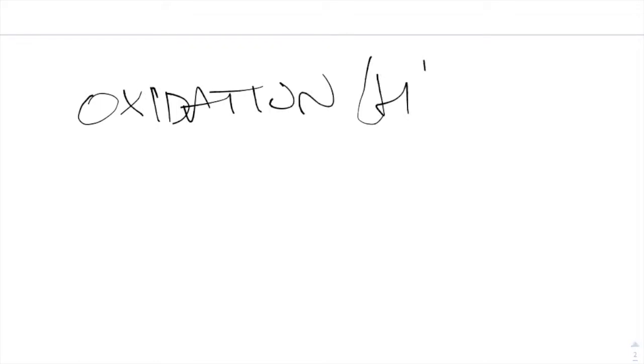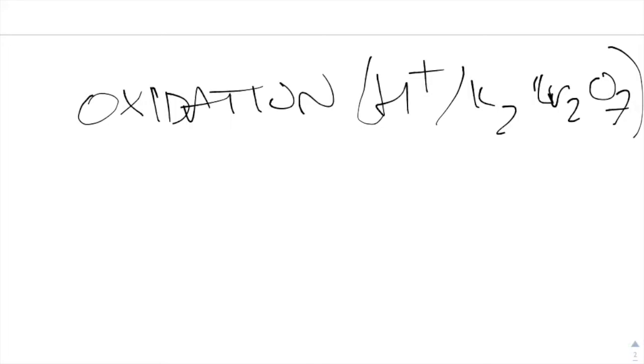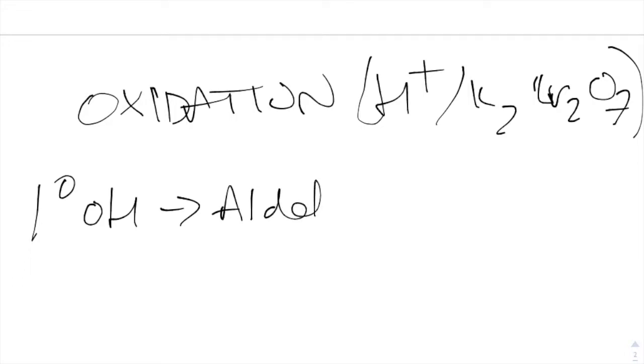Now, with regards to oxidation, which can be done in acidified solution with K2Cr2O7, so potassium dichromate, a primary alcohol goes to an aldehyde, which goes to the carboxylic acid.